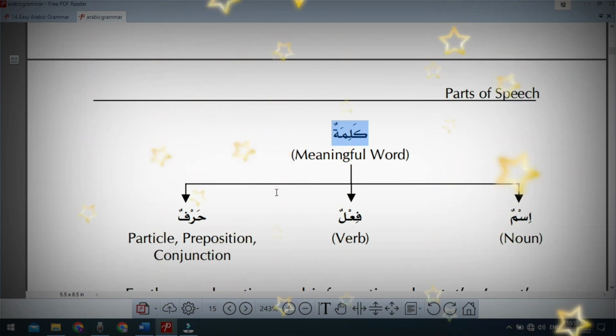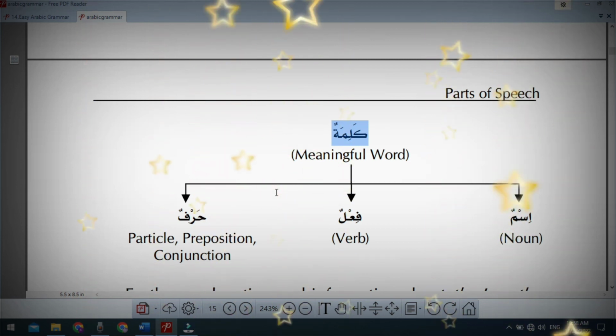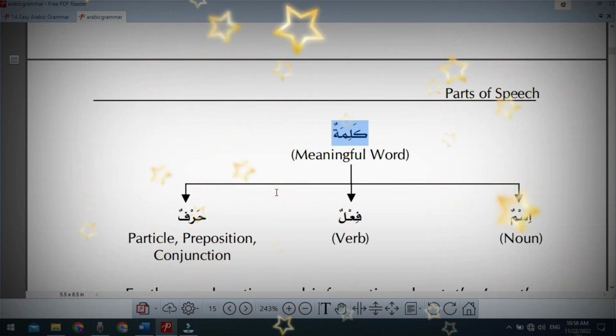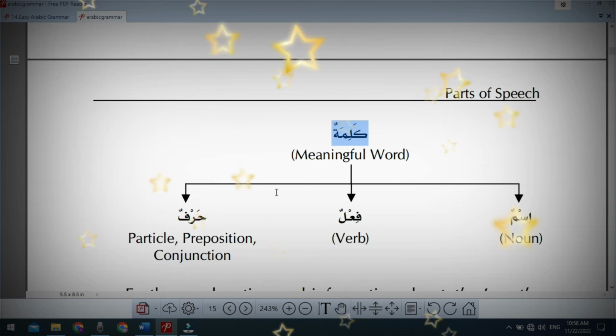The duty of the harf in Arabic language is to complete the meaning of a noun or a verb. We can say that the harf is actually the joint between the noun and the verb to make sentences.